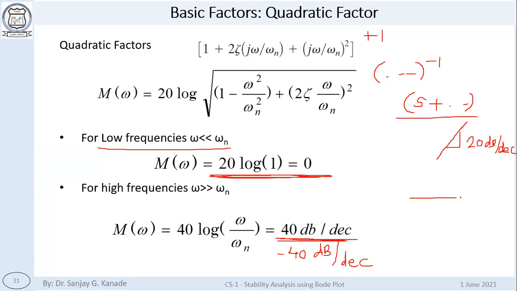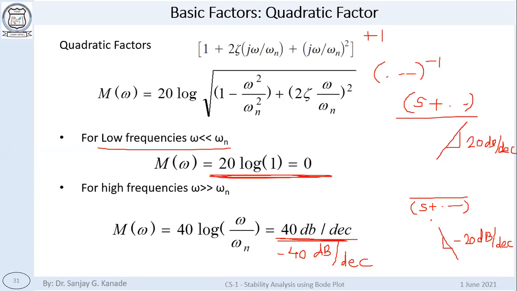If some factor is in the denominator, then it is going to add a line of slope minus 20 dB per decade.